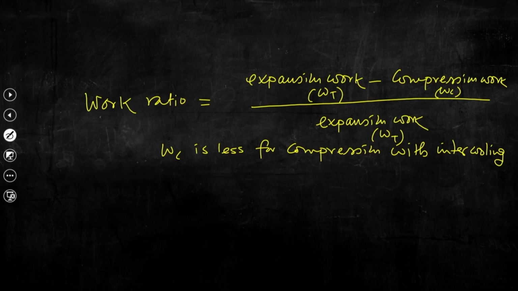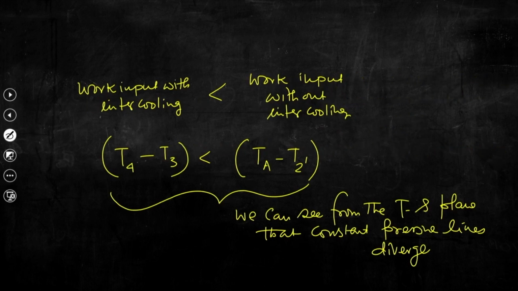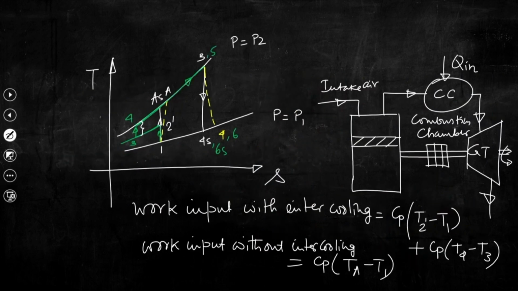Why is it so? We know efficiency is equal to net work output by the heat addition. What we can see from this is that, again if we look at this TS plane, what is the amount of heat addition needed if we consider single stage compression, that is T3 minus TA if it is actual cycle, or it is T3 minus TAS if it is ideal cycle.